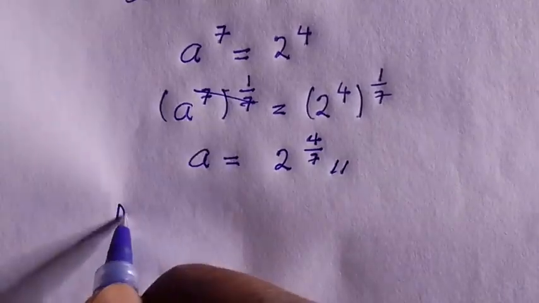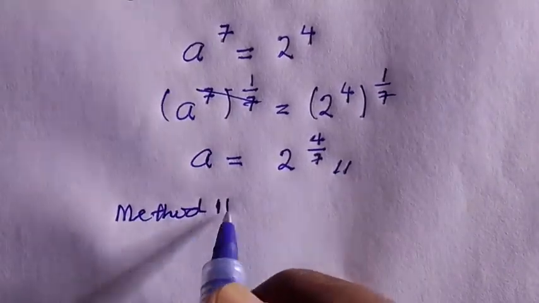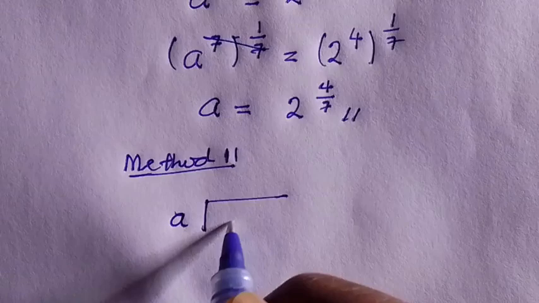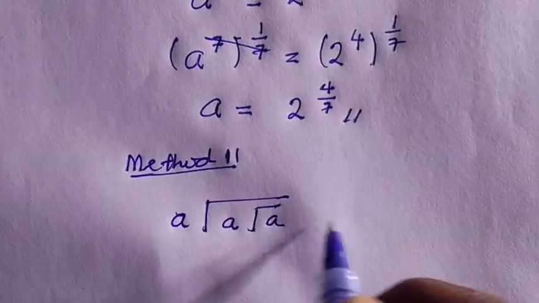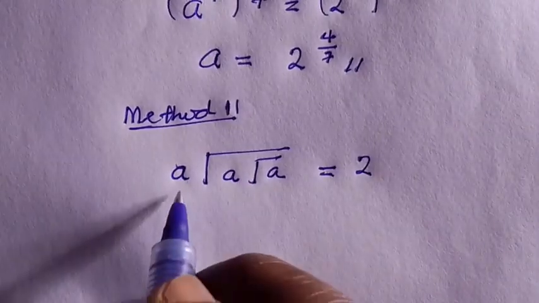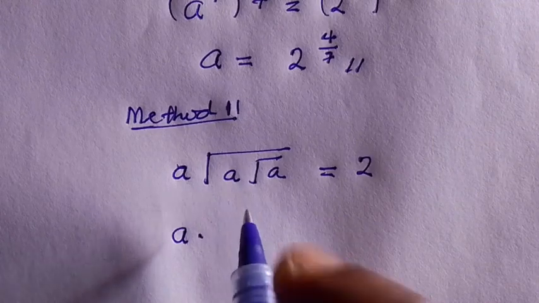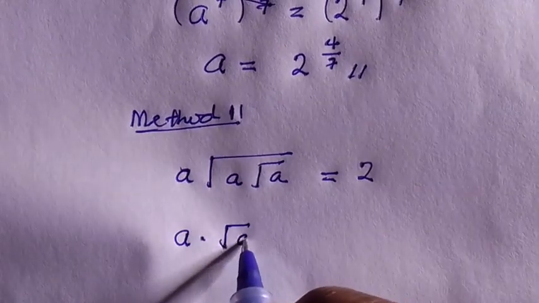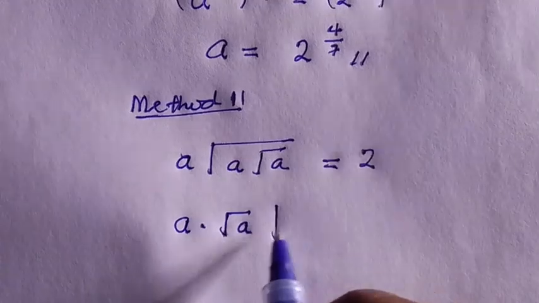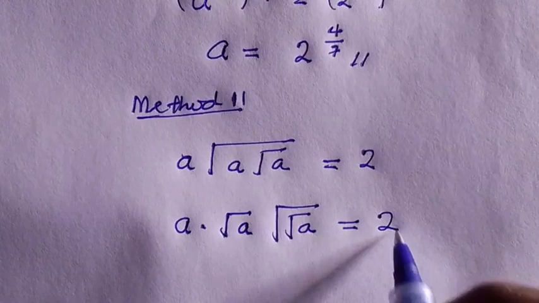Now let's consider the second method, which is method 2. We write the question as a root a equals 2. Looking at this, we write it as a multiplied by, this is one root which has this a, so we separate this one with its own root, while this one is covered with two roots, that is, root of root a equals 2.